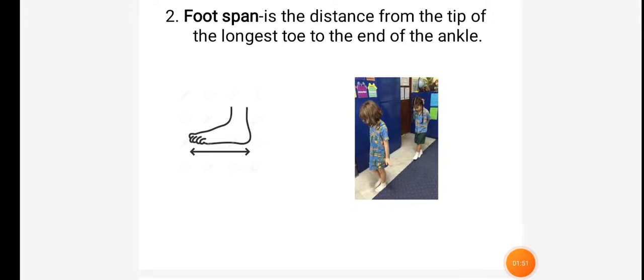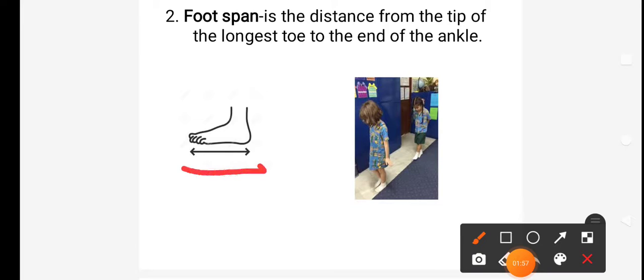Now next, footspan. Footspan is the distance from the tip of the longest toe to the end of the ankle. And in the second picture you can see that two little girls are using their footspan to measure length of a particular room.